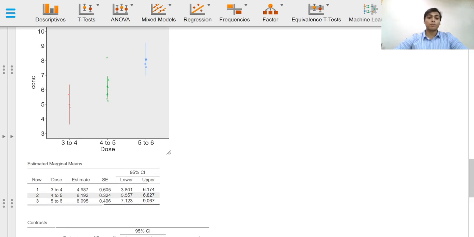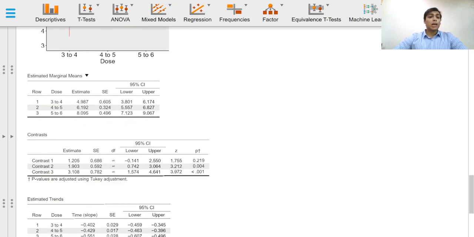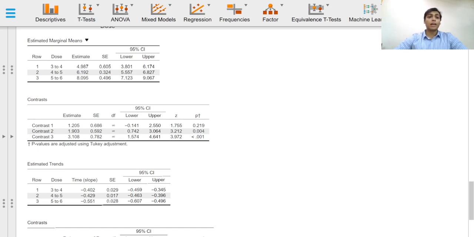given time point. The estimated marginal means table provides the estimated average concentrations of theophylline right here in the estimates column with the 95% confidence intervals. Contrasts specify difference between each of these levels.